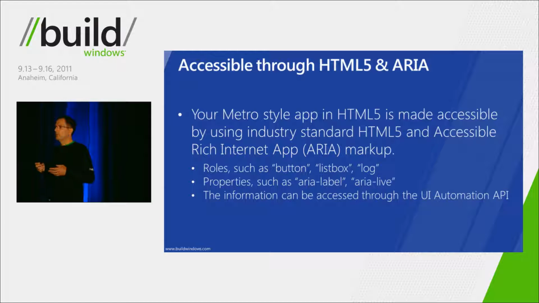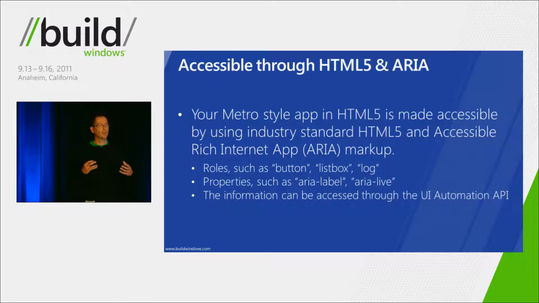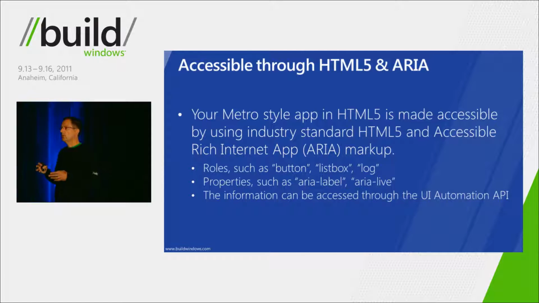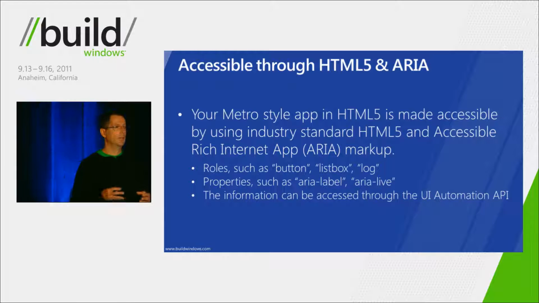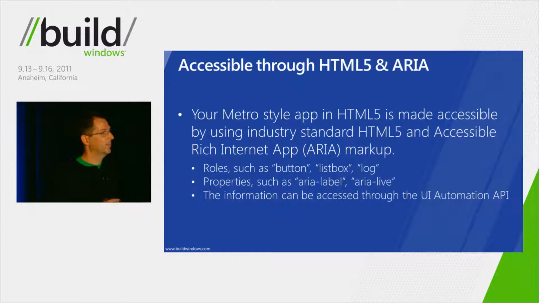So, you're building a Metro-style app in HTML5. You're going to build a great app, and a great app is accessible. How you make your app accessible is by using the same industry-standard technologies that you use if you're going to make content on the web accessible. So if you already know how to make content on the web accessible, you already know how to make your Metro-style app in HTML5 accessible.